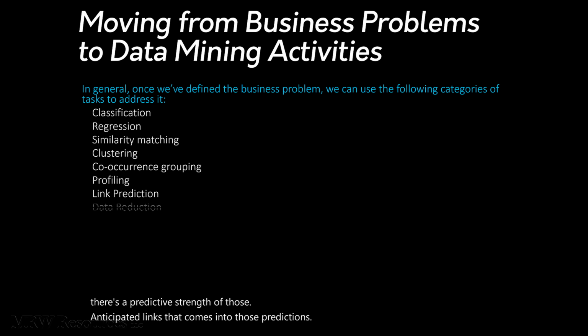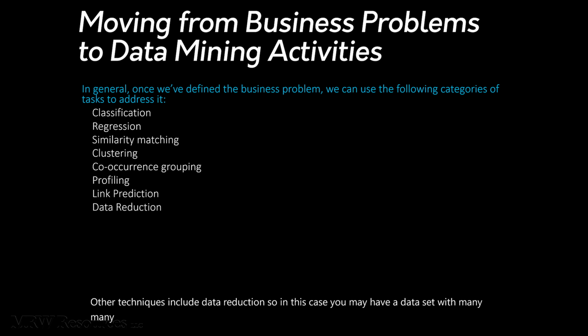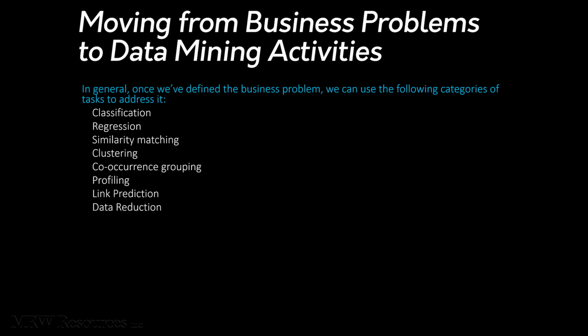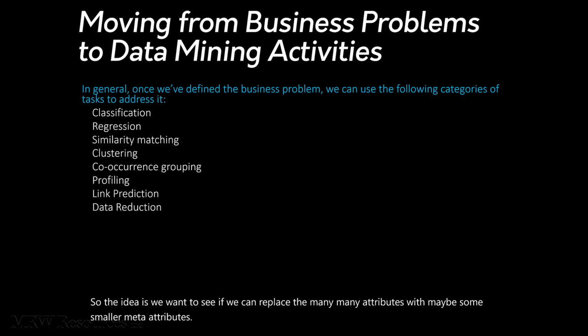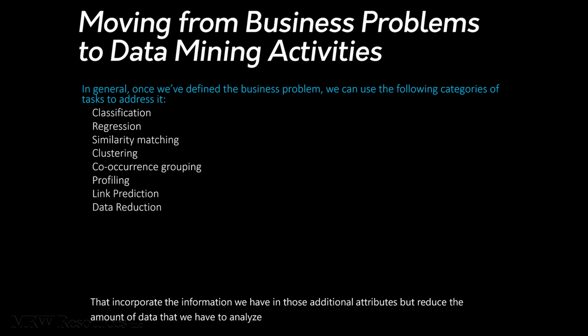Other techniques include data reduction. In this case, you may have a data set with many attributes or measures or values, variables. The idea is we want to see if we can replace the many attributes with maybe some smaller meta attributes that incorporate the information we have in those additional attributes, but reduce the amount of data that we have to analyze, the number of measures, the number of attributes that we have to analyze.